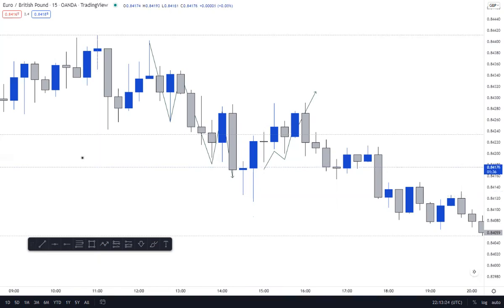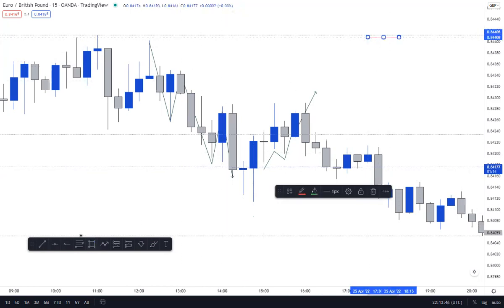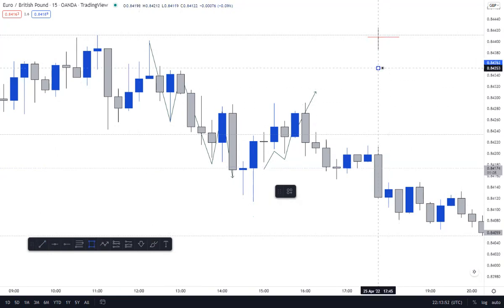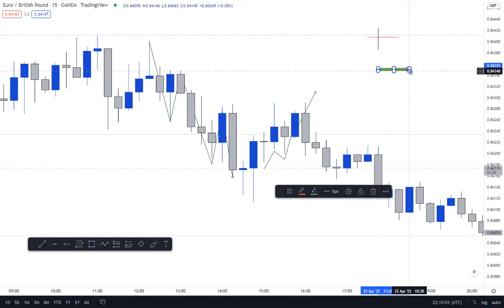Somebody said hammer, somebody said dragonfly, somebody said morning star. Now I'm talking about single candlesticks first. Under single candlesticks, what candlestick is this? Because you need to understand that sometimes you will see candlestick patterns like this, and sometimes you will see it like this, with just a little body.